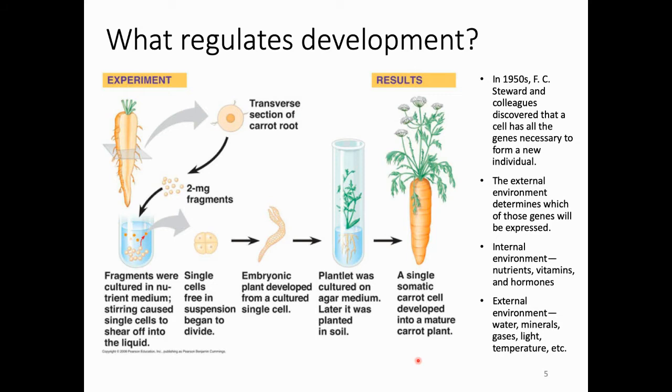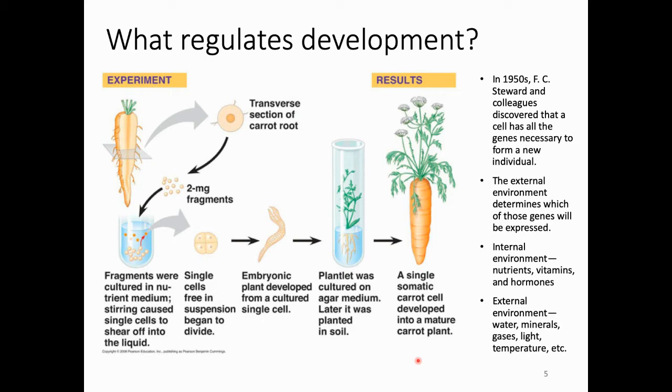Certain genes are programmed to synthesize specific enzymes continually in every living cell, while other genes catalyze the production of enzymes only in specific tissues or at specific times during a plant's life cycle. The environment determines which of those genes will be expressed.